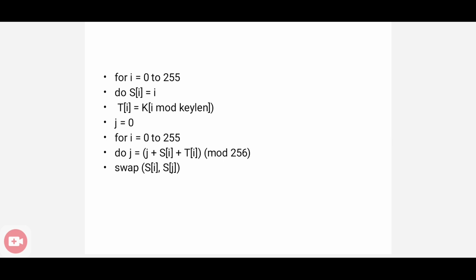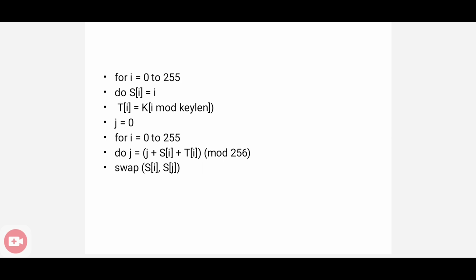To begin, the entries of S are set equal to the values from 0 through 255 in ascending order. That is S[0] = 0, S[1] = 1, up to S[255] = 255. So that is the first initialization procedure.